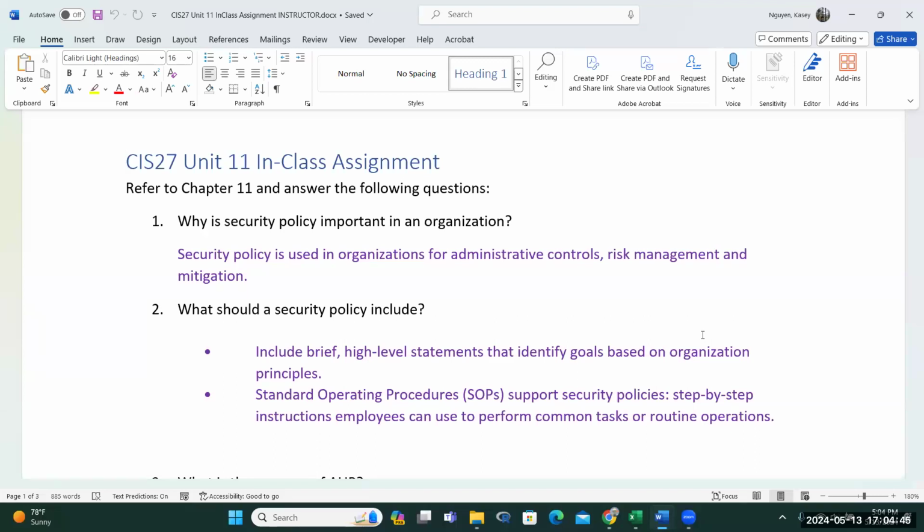It's also allowing us to manage risk. Our ultimate goal in IT or cybersecurity is to reduce or mitigate the risk. So that's going to allow us to manage the risk and mitigate the risk.